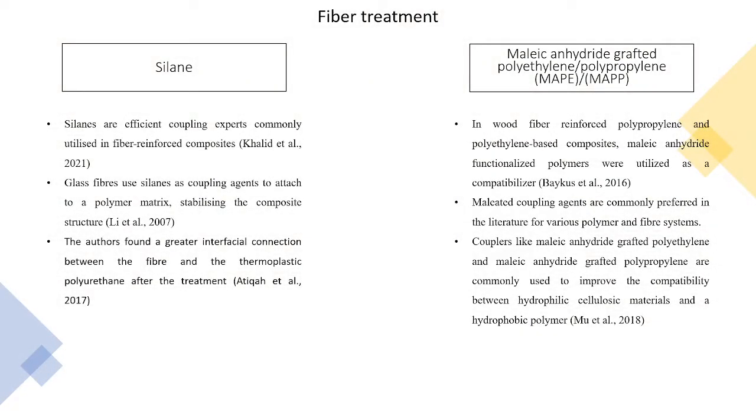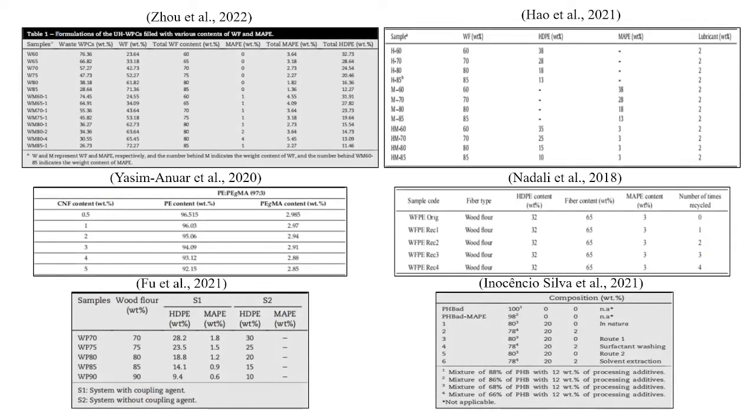The next one is the fiber treatment for the composite, of which we only focus on two. The first one is silane, and the second one is maleic anhydride grafted polyethylene and polypropylene. As you can see, these are all the experiments already run by previous research with different loadings and contents, as shown in the table.